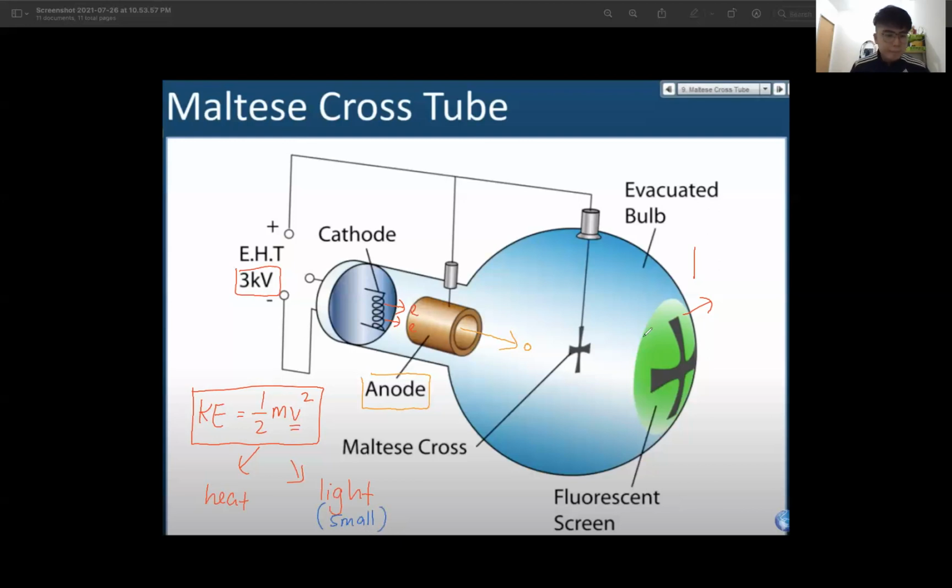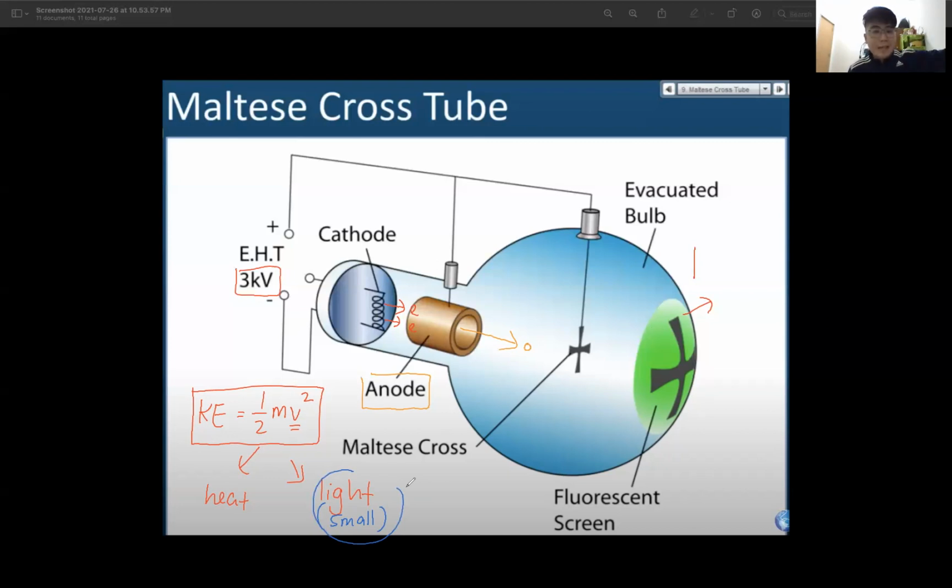The phosphor coating amplifies the light energy. I repeat, the phosphor coating absorbs this small amount of light energy, and then it gives out a lot of light energy. And it happens to be in green color. Okay, why is it green? Actually, it's because of the certain material. Certain materials absorb light, right?